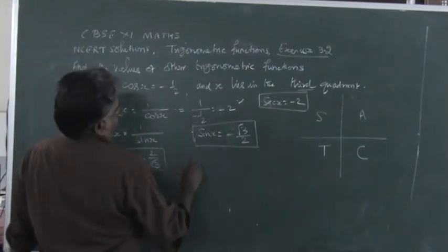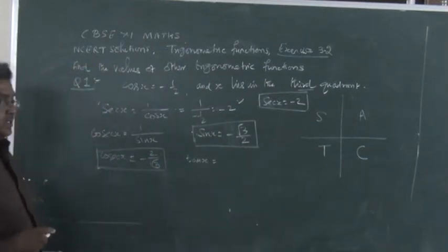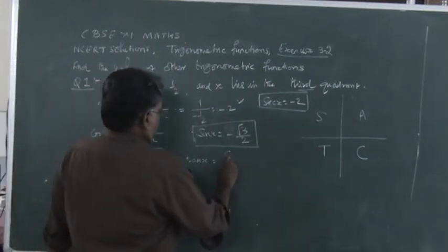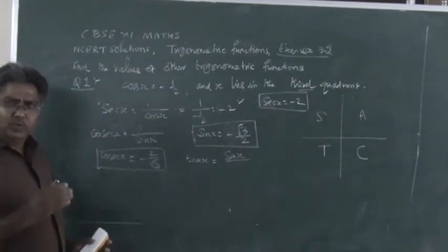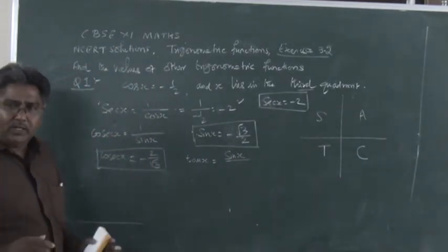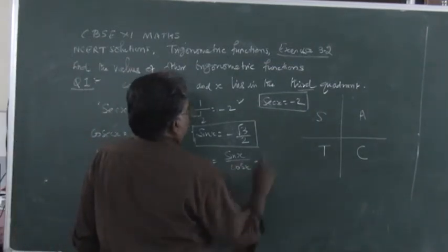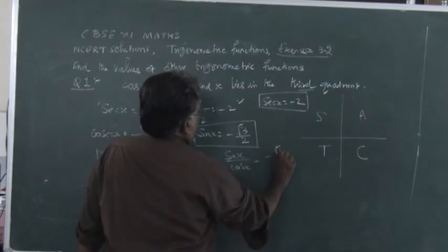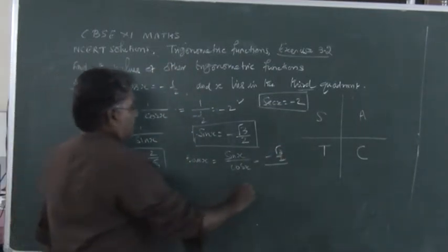Then you know sin x and cos x. So easily you can find tan x. Tan x is sin x by cos x. Here you don't have to be worrying about which quadrant etc. because you know specifically sin x value and cos x value. So sin x by cos x. What is sin x? Minus root 3 by 2. What is cos x, which is given? Minus half.